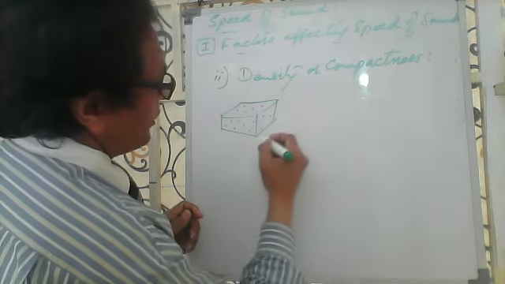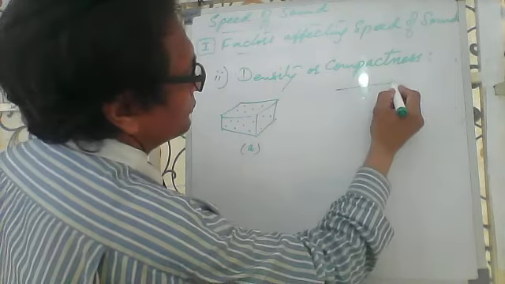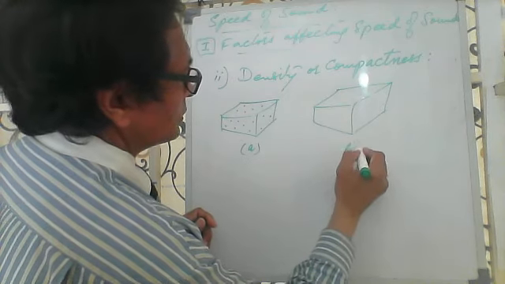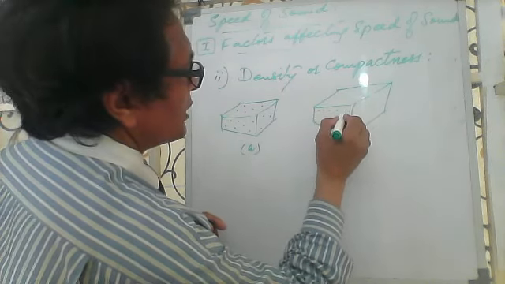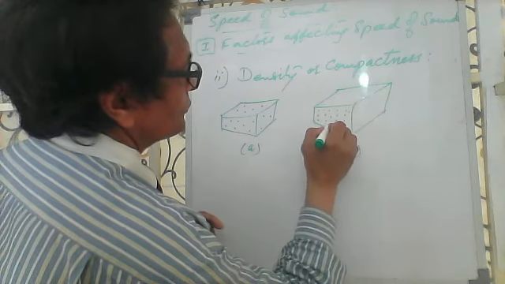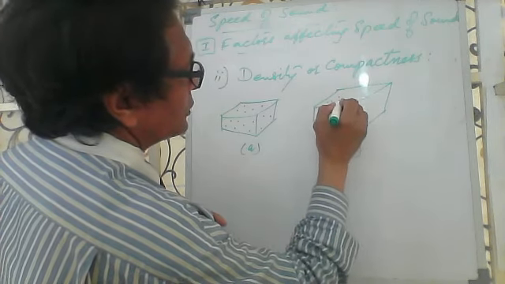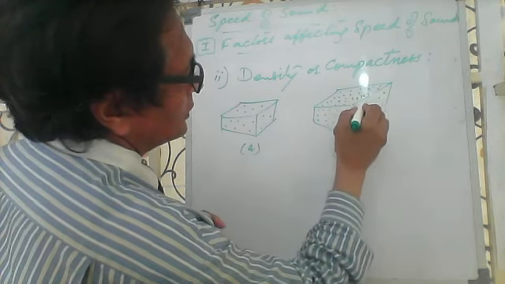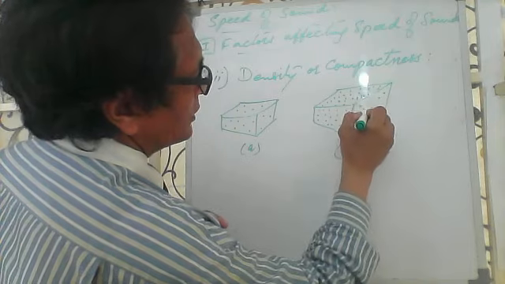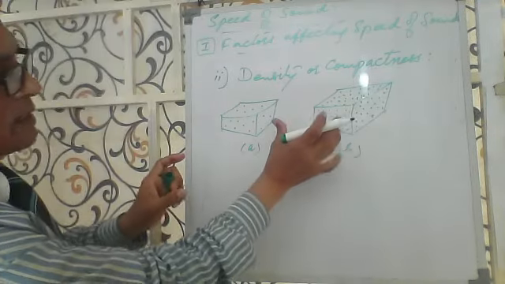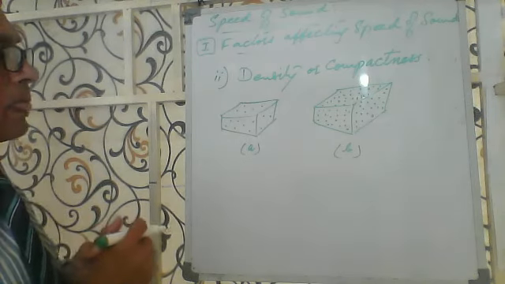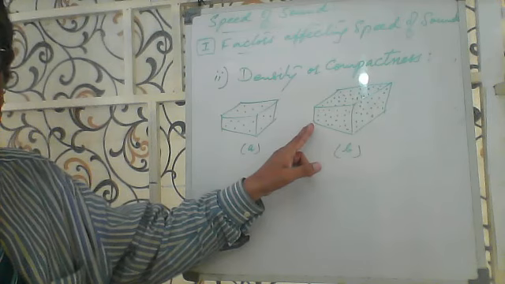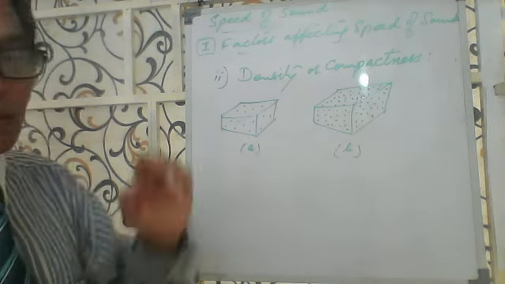But if we take another example, here same volume, but what? Compactness has been increased, that the particles of the medium, it may be gases or liquids or solids, the compactness has been increased. So what will happen? It will transfer compressions and rarefactions more easily.